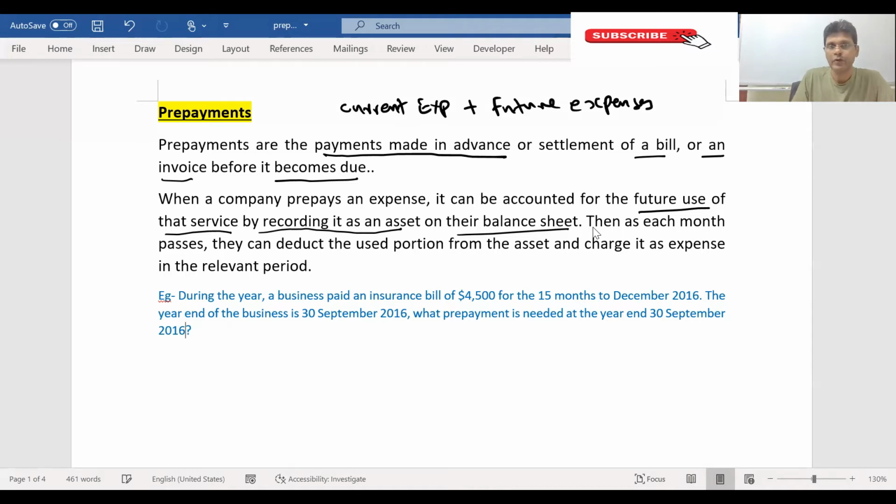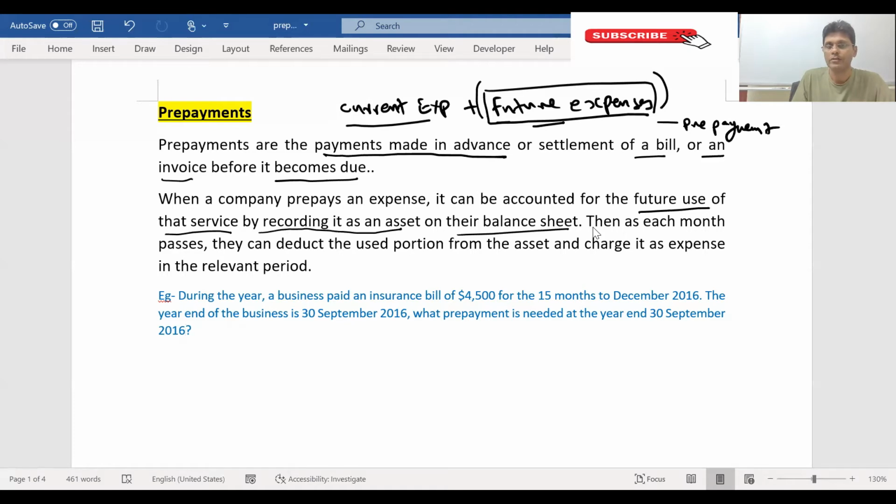The future expenses are known as prepayments. Therefore, if any payment is made including the current as well as the future, we need to segregate, identify the future payment, and treat this as a prepayment.